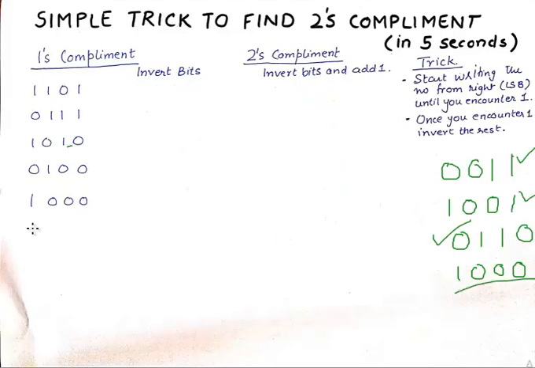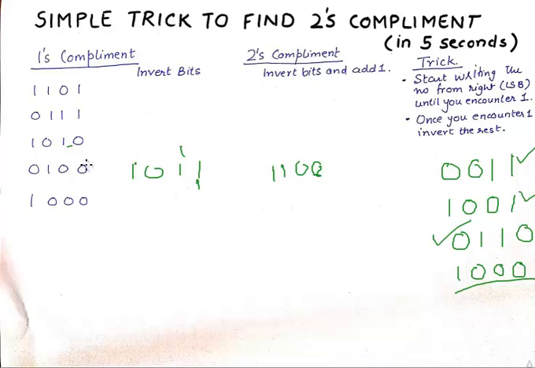If we check the fourth one, which we skipped, this becomes 1011, and the 2's complement by adding 1 will become 1 and 1 gives 0 with a carry 1, 1 and 1 gives 0 with a carry 1, and then 1.